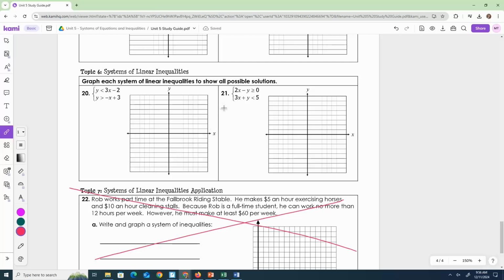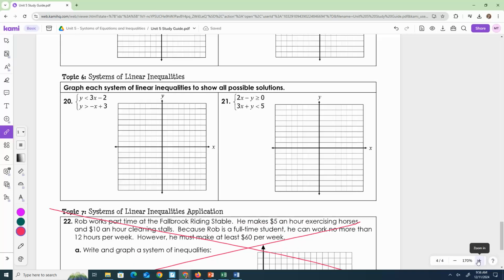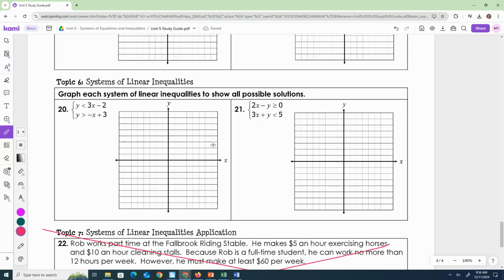So if I want to solve this, before I can graph those lines, what do I have to do? So I'm going to subtract my 2x. That gives me negative y is greater than or equal to negative 2x. To get y by itself, I have to divide by negative 1. If you divide by a negative, what happens to your inequality? So y is less than or equal to 2x.